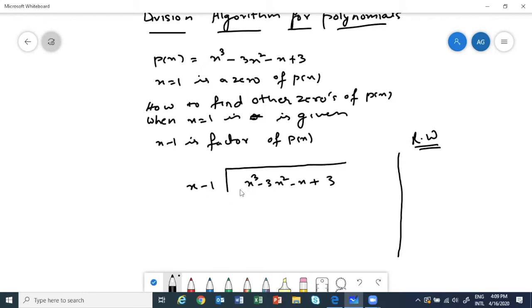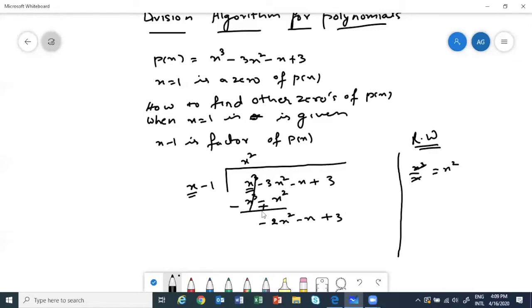See what I will do. I have x cube here, I have x here. What should I take in the quotient so that I can eliminate this one? X cube divided by x will give me x square. So I'll take x square here, and then x cube minus x square. Then subtract, sign will change, this cancels out, and we are left with minus 2x square minus x plus 3.